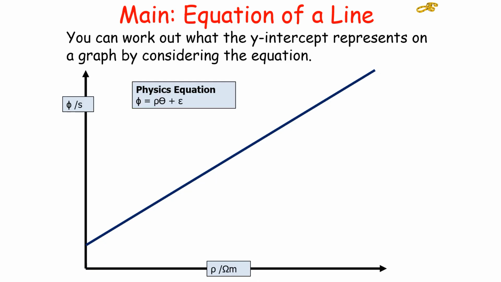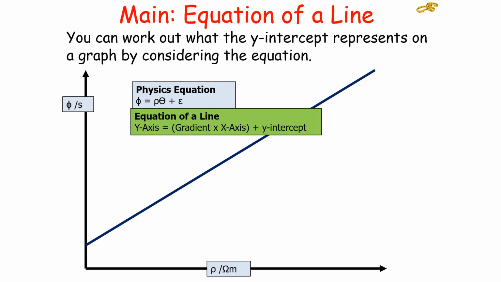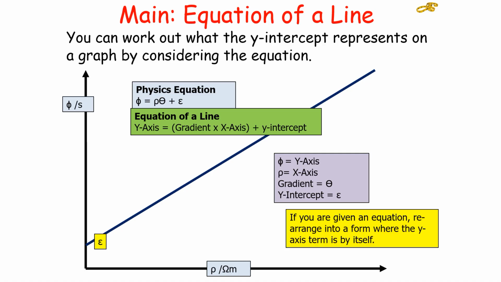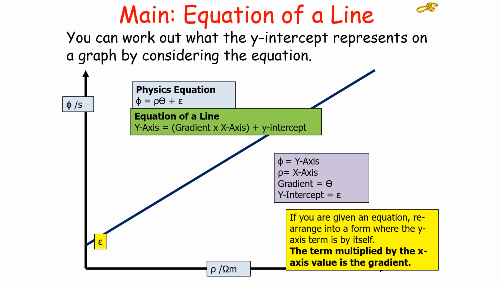And you can do this for even values you've never seen before. So if we say this particular equation, we can just say y equals mx plus c. So at that point, we can take that particular equation, extrapolate it through for m and for the y-intercept, and work out values this way. So if you're given an equation, rearrange it into a form where the y-axis is the term by itself, then the term multiplied by the x-axis value is the gradient, and the term being added to the x-axis term is the y-intercept.